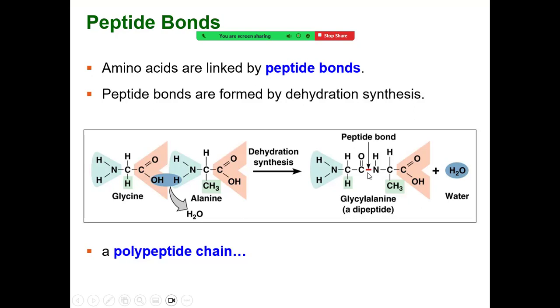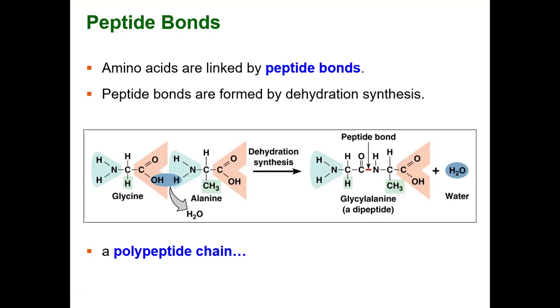That's not only unusual in living organisms, it's also unusual in the universe. We don't often have a bond between nitrogen and carbon. We do have it in amino acids and proteins when the amino acids link together.